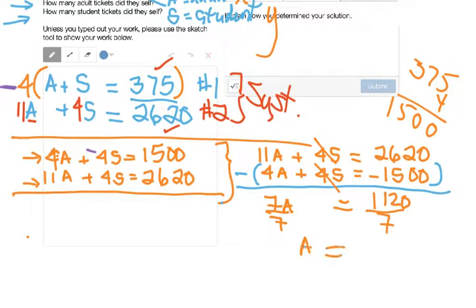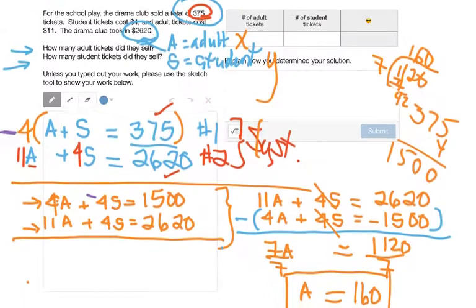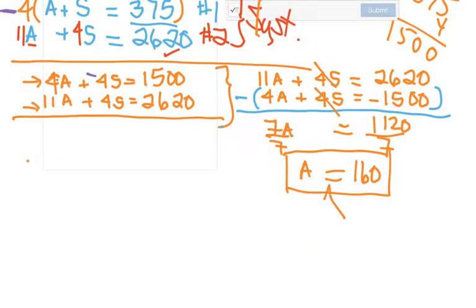I know that a is equal to 160. So what does that mean? A is equal to what? Remember, what did I make A? A was my adult tickets. So I sold 160 adult tickets.